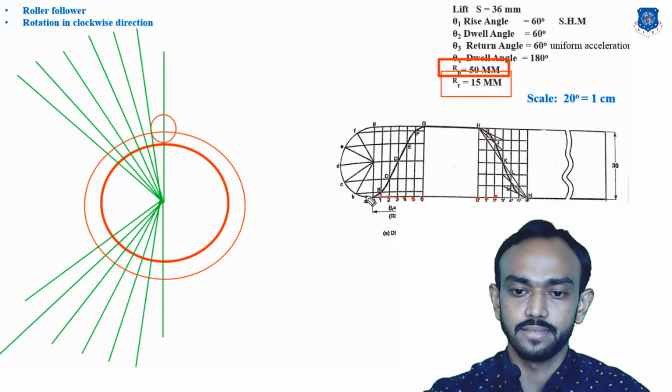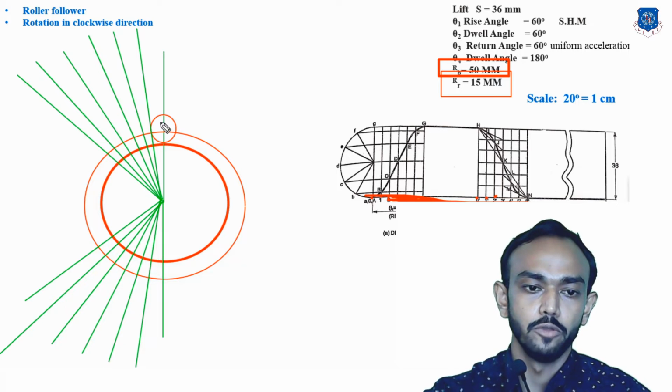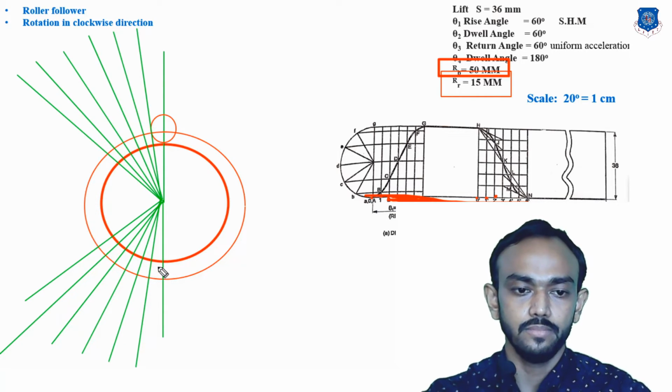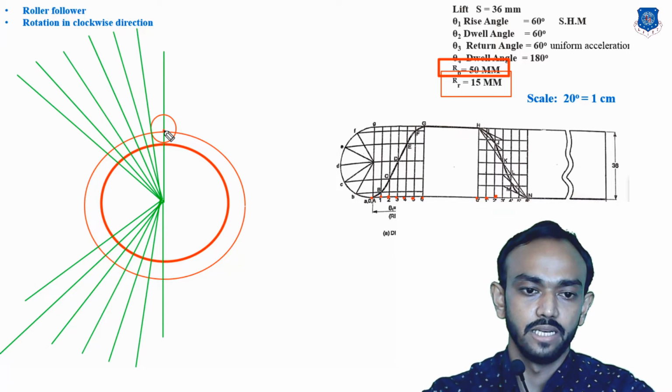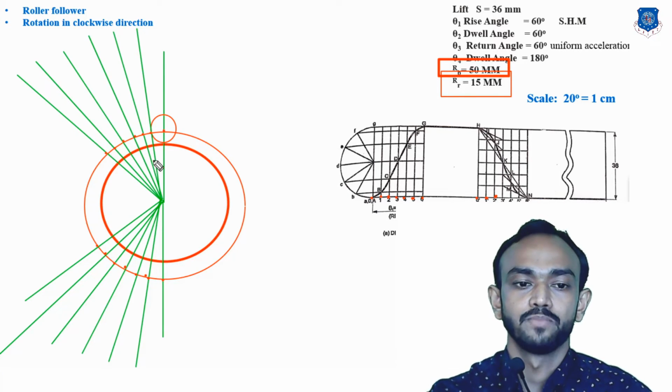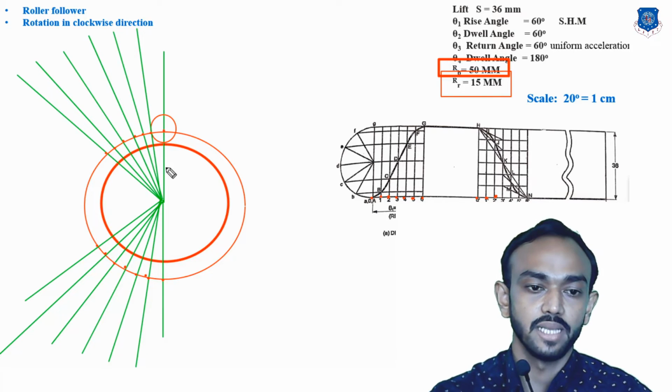So the same points like the base, you give here on the prime circle: 0, 1, 2, 3, 4, 5 and 6, after that 0 dash, 1 dash, 2 dash, 3 dash, 4 dash, 5 dash and 6 dash. So all points will be reference, or we will take measurements from these points. So we have to consider the prime circle.